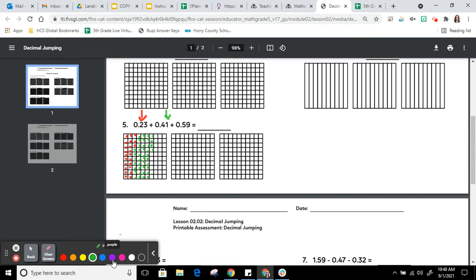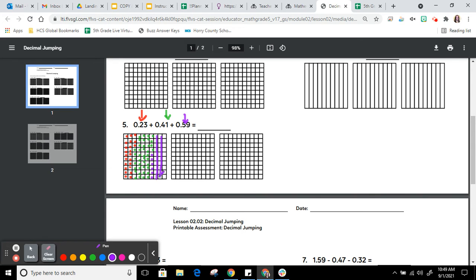And now we're going to add our 59 hundredths. So I've got 4 here. So I need to start my 59. 1, 2, 3, 4, 5, 6. And I know one column is 10. So I've got 6. If I do 10 here, that's 16.